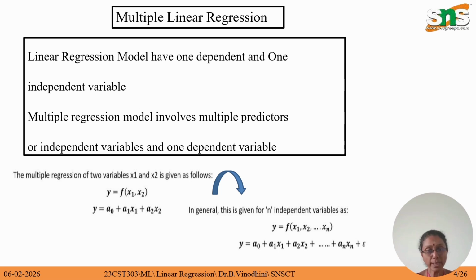Here we have to find the coefficient values a0, a1 and a2. In general, for n independent variables, the linear equation is y is equal to a0 plus a1 x1 plus a2 x2 plus up to an xn. This is the equation for multiple linear regression.